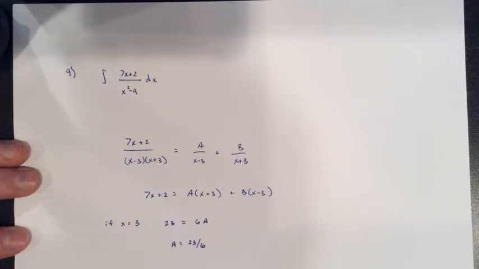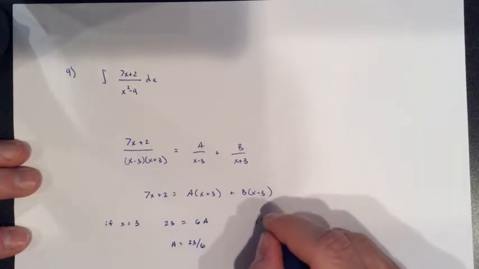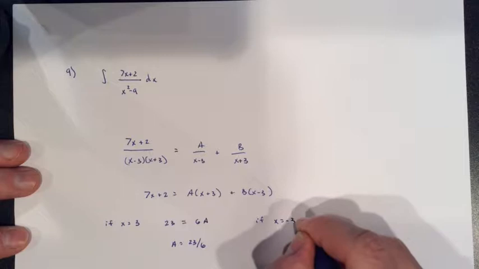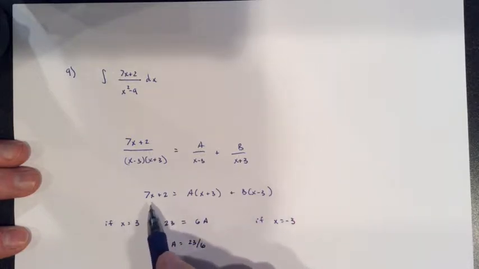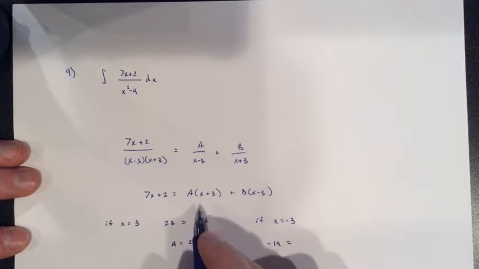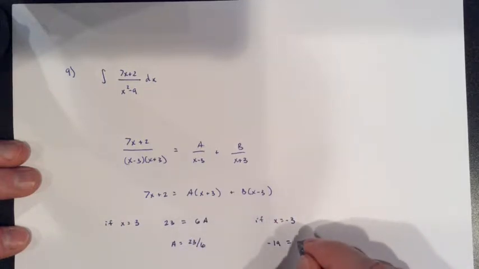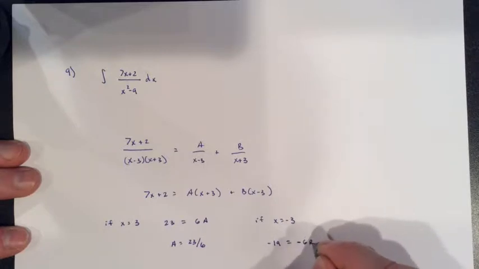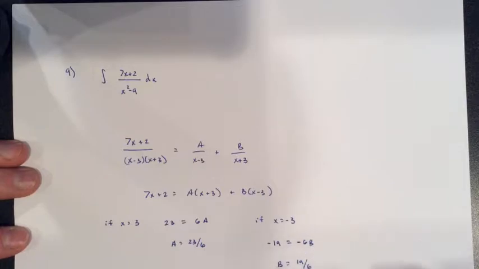Not the nicest term, but that's what a is. If x is negative 3, then this would be negative 21, so negative 19 equals, that term would go away, and we'd get negative 6b. So b is equal to 19 over 6.